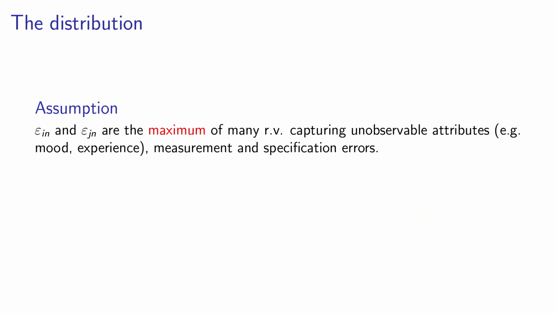Note that assuming that epsilon in and epsilon jn are the maximum of many random variables is somehow consistent with the maximum utility theory. Since we are interested in the alternative that is going to generate the highest utility, it makes sense to be interested in the maximum of all those unobservable attributes.